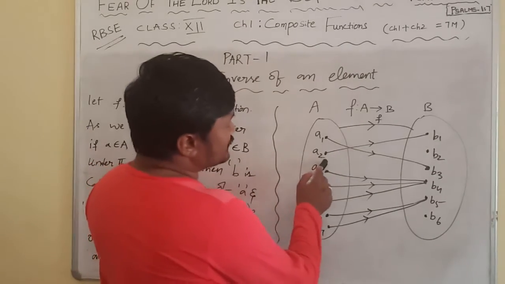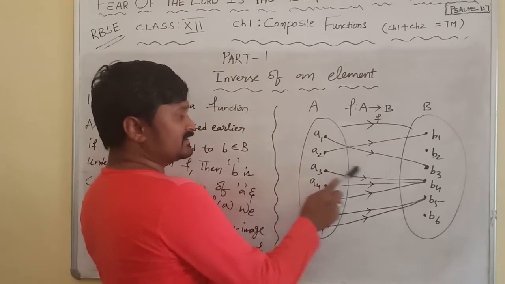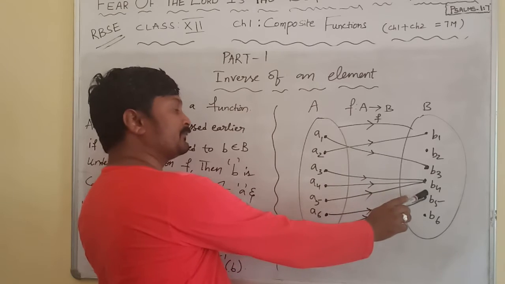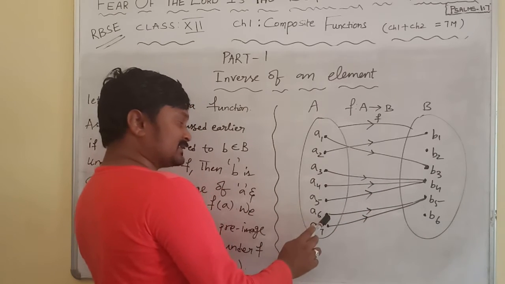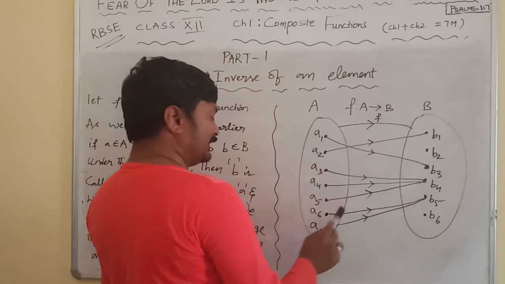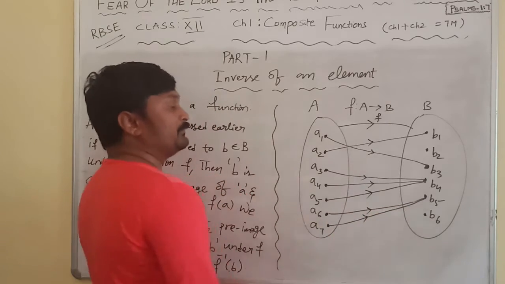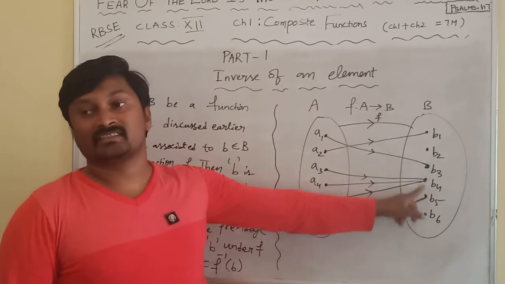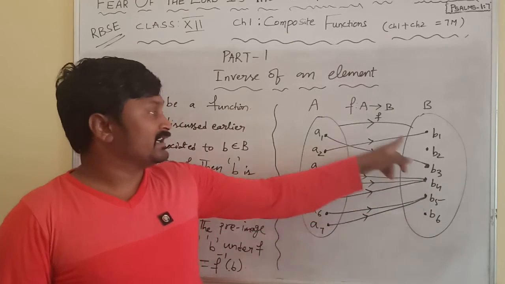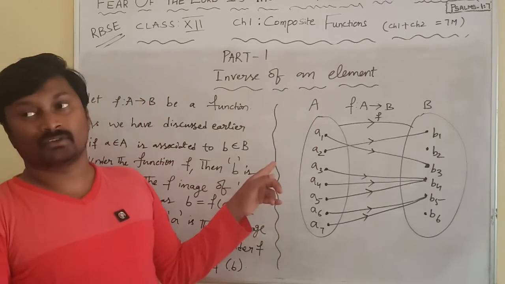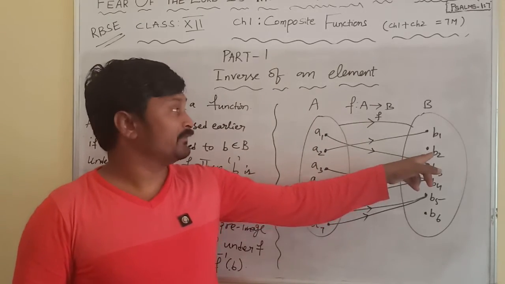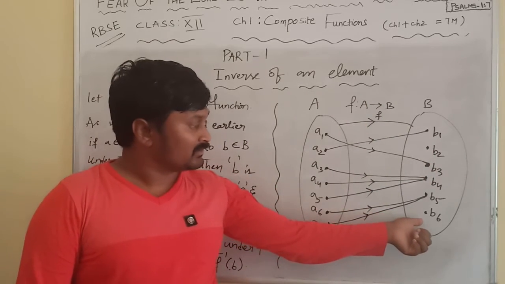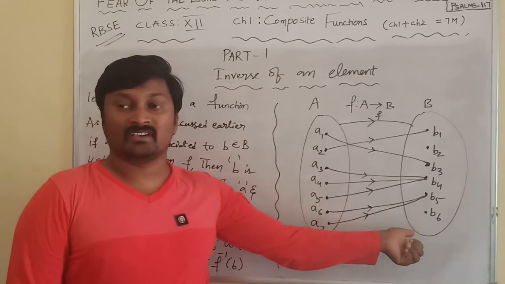A2 is equal to f inverse of B1, A3 is equal to f inverse of B4, A4 is equal to f inverse of B4, A5 is equal to f inverse of B4, and A6 is equal to f inverse of B5, A7 is equal to f inverse of B5. Now for B2 and B6 you are observing that there is no relation in the set A. So what we'll write is B2 is equal to f inverse of pi. The same method here also, B6 is equal to f inverse of pi.